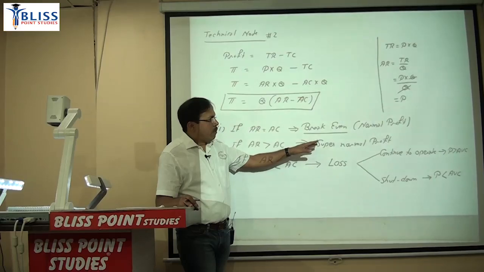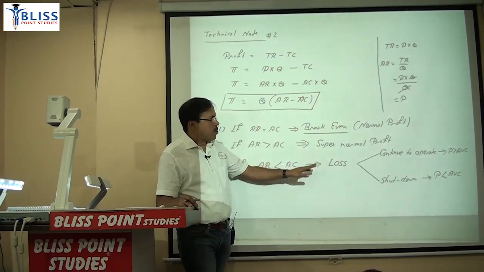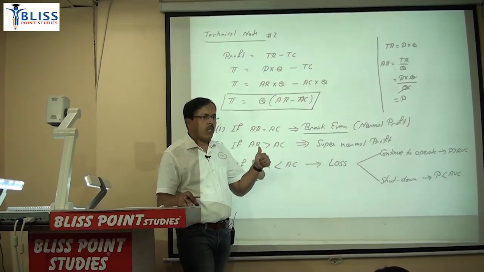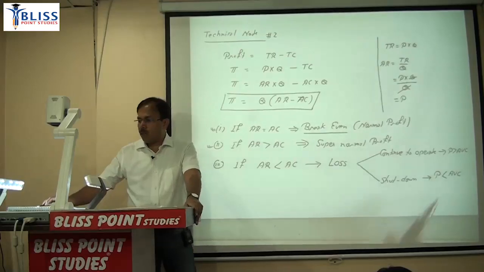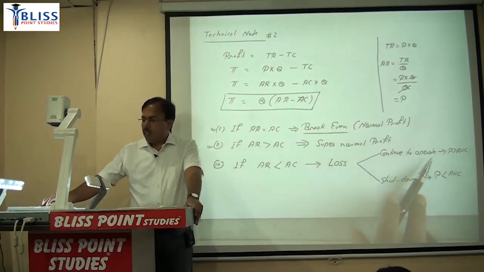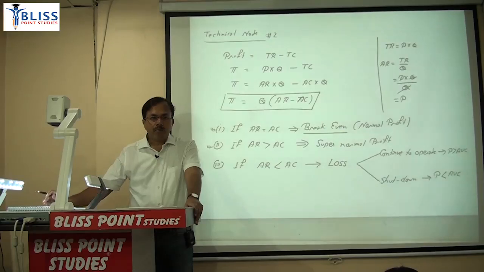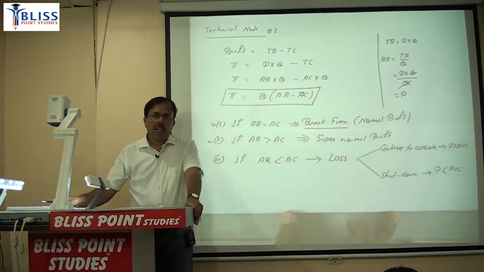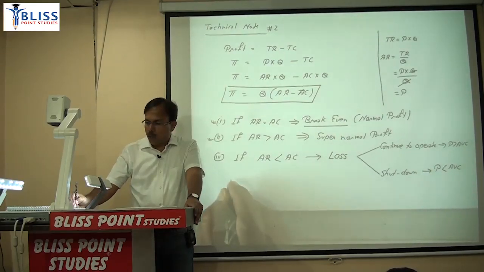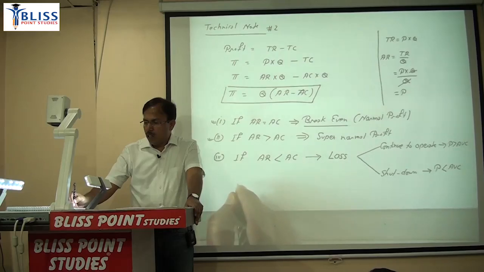Within loss firm may continue to operate or firm may shut down. Firm will shut down if price is less than variable cost, and firm will continue to operate if price is greater than average variable cost.